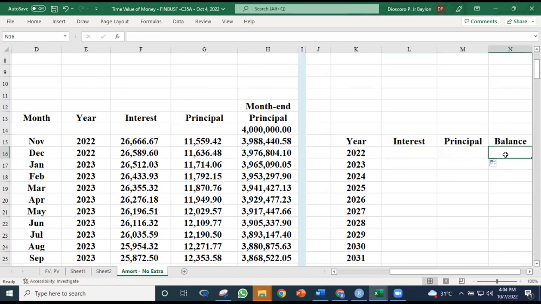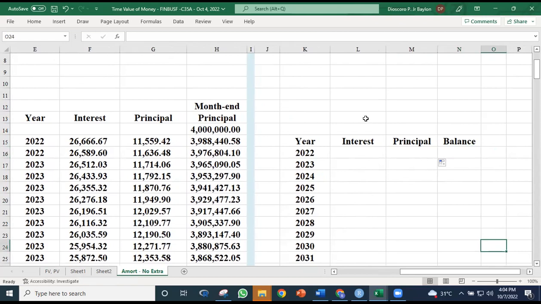Tapos si balance will be yung 4 million minus kung ano man yung sum ng principal payments for 2022. Okay, so the formula that you'll be using is SUMIFS. I'm not going to teach you how to do this. Okay, research nyo kung paano nyo ma-add lahat ng mga interest ng 2022, 2023, 2024.